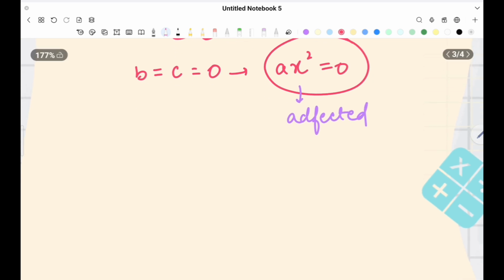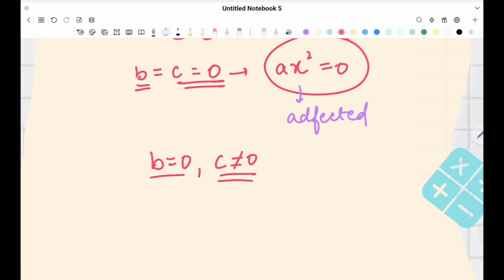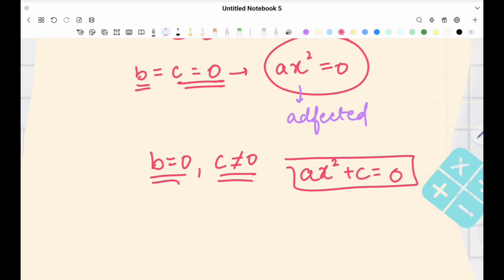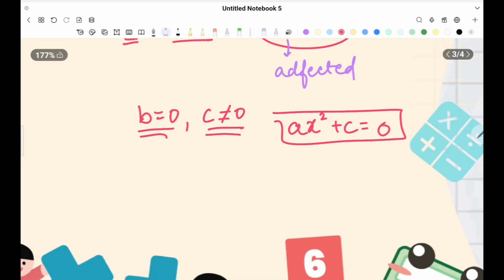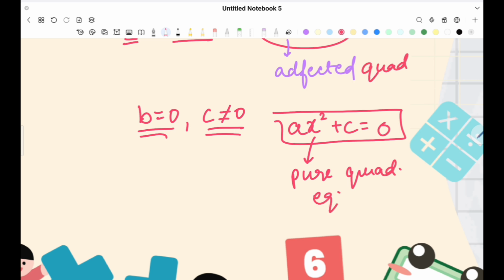But if b is equal to 0 and c is not equal to 0, in this c was 0 and b was also 0, in this c is not 0 but b is 0, then ax square plus c is equal to 0 will be the formed equation, and it will be called a pure quadratic equation. Here also unaffected quadratic equation.